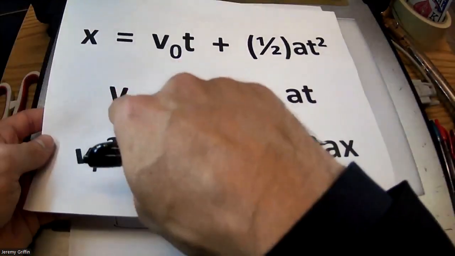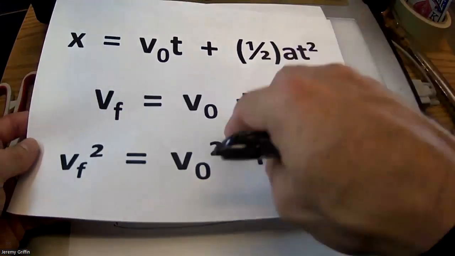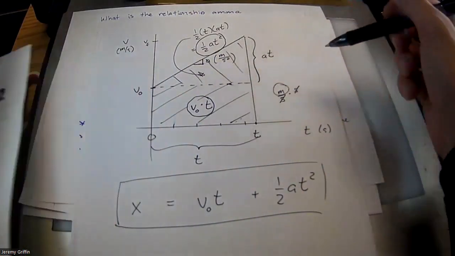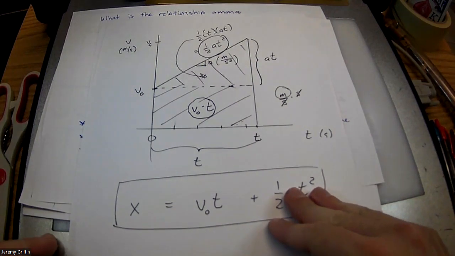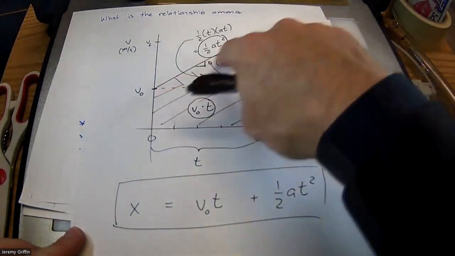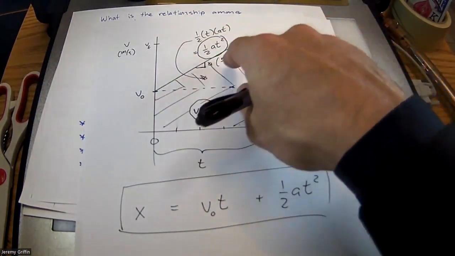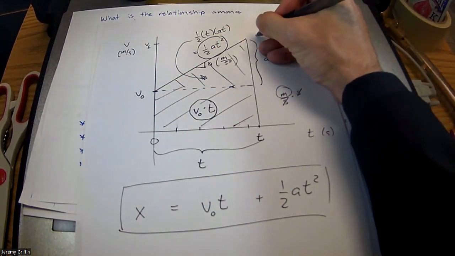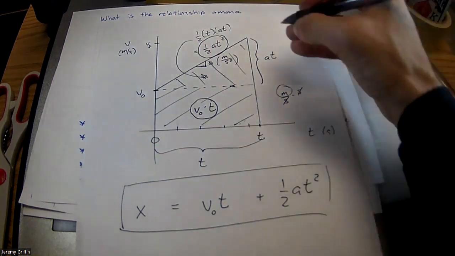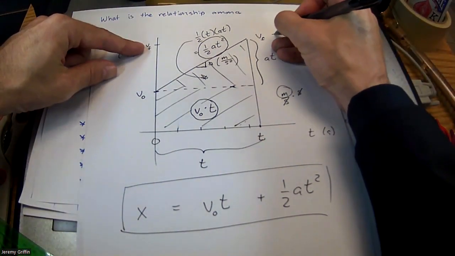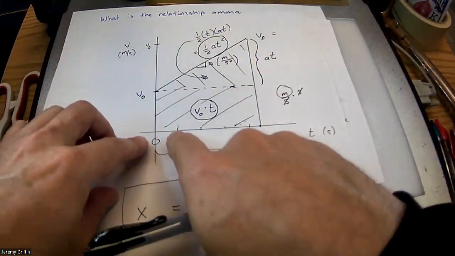Actually, I should have started with the second equation because we kind of had to do this to get this. That's this part right here, isn't it? It's just the equation of this line, isn't it? Isn't it like y equals mx plus b? So the equation of this line is the speed you pick up to, call it v final, is equal to mx plus b.